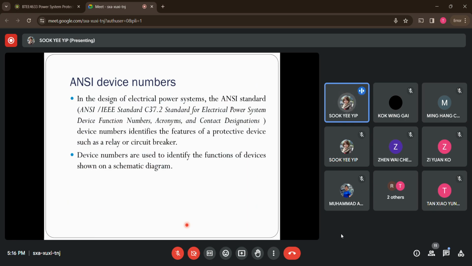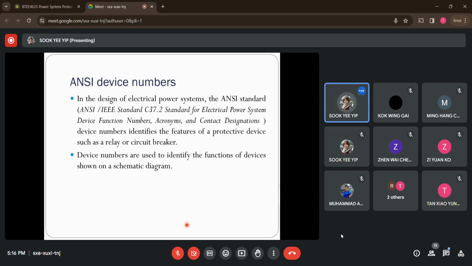So for information, for all protective devices, there is a standard for us to use to specify the components whenever we are designing the protection system. If you still recall, just now you have seen the codes 21, 50, 51. By looking at that code, I can directly tell you what the relay is. That is the function of that standard.